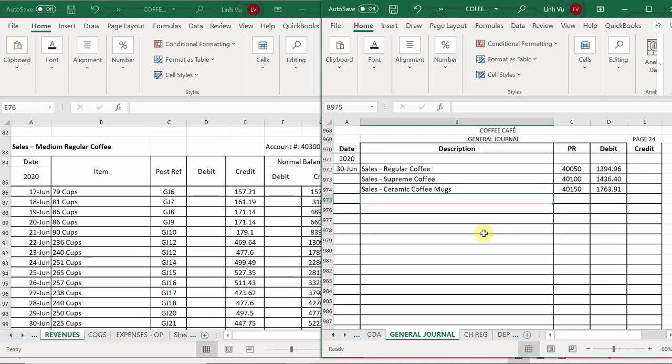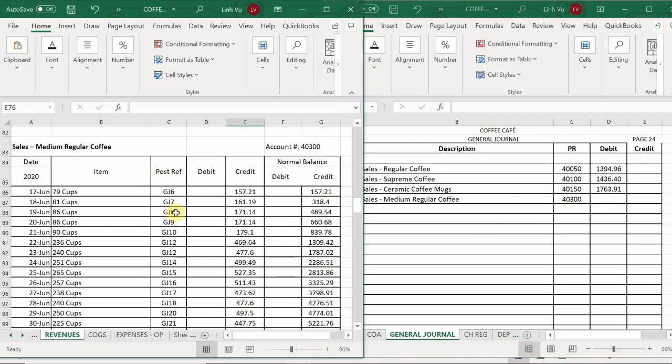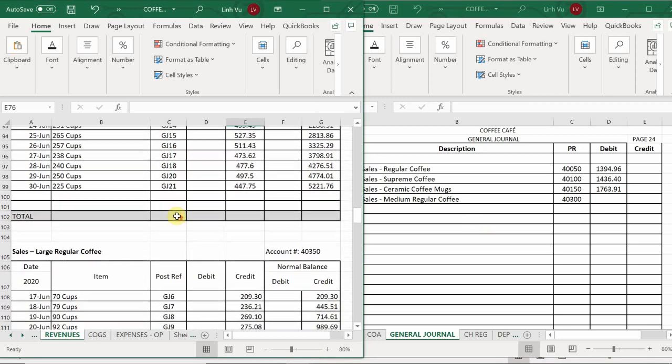The next account we have here is sales medium regular coffees, account number 40300. Let's take a look.